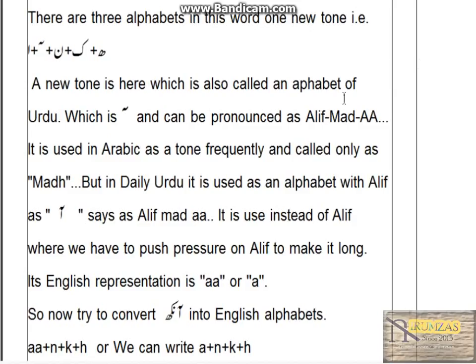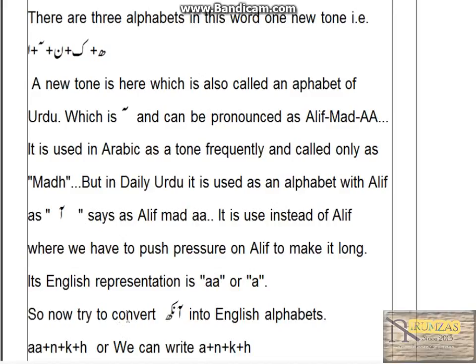So if we say it is another alphabet of Urdu, then it is alif mad a. It is used instead of alif where we have to put pressure on alif to make it long. Its English representation is double A, or generally we can write it as A.